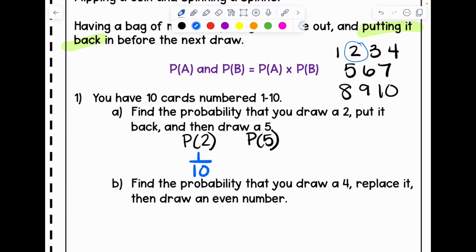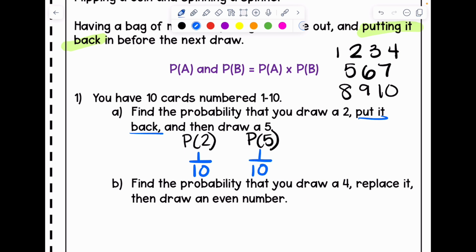And then it says I put it back. So now it's back in the collection. And so now the probability that I would draw a 5, I have one 5 out of the 10. So my probability of drawing a 5 is 1/10.